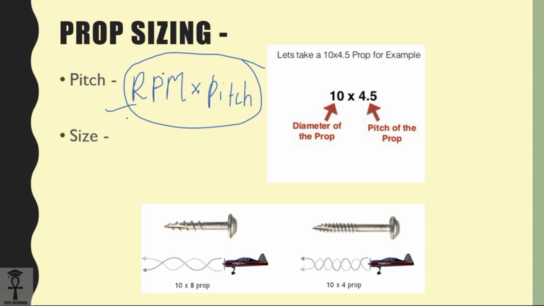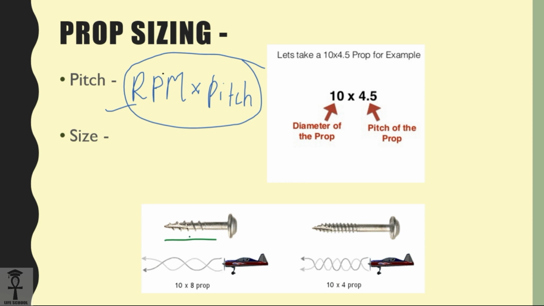Now, pitch is nothing but how much the aircraft goes in the direction of thrust in one revolution of the prop. You can see I have an image over here. So this is a screw with high pitch, which means that the number of threads is less on this screw.